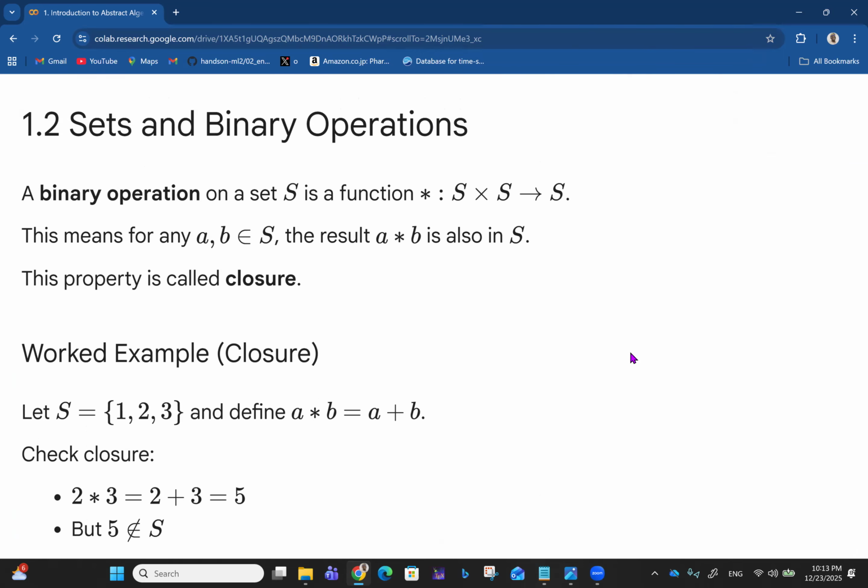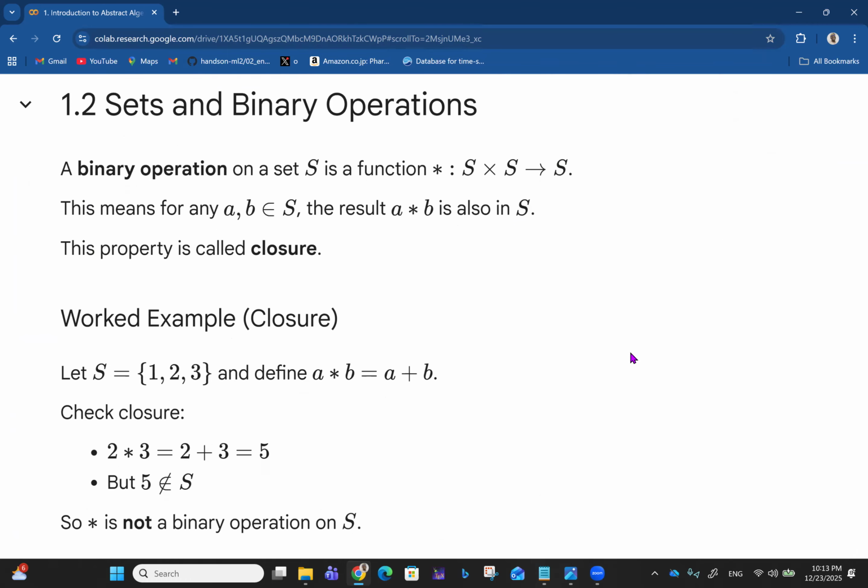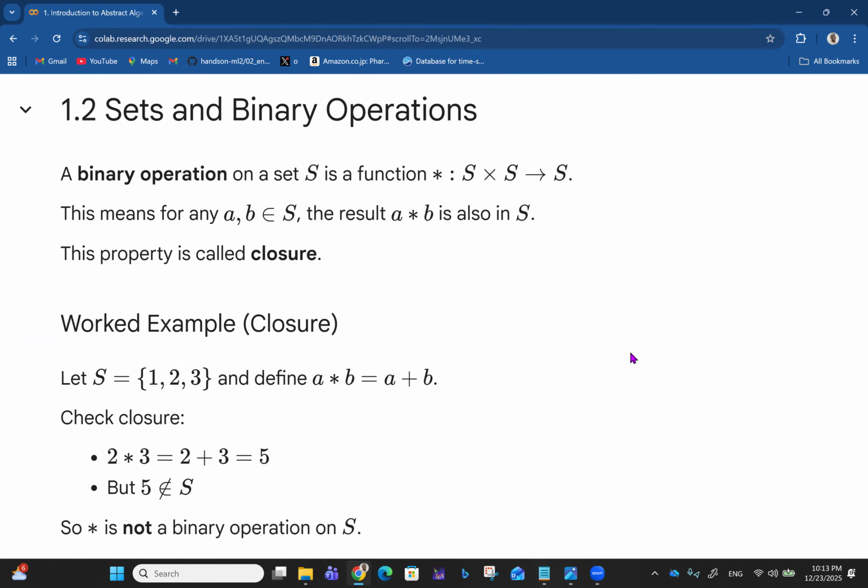So we go on to sets and binary operations, the basic ideas upon which abstract algebra is based.